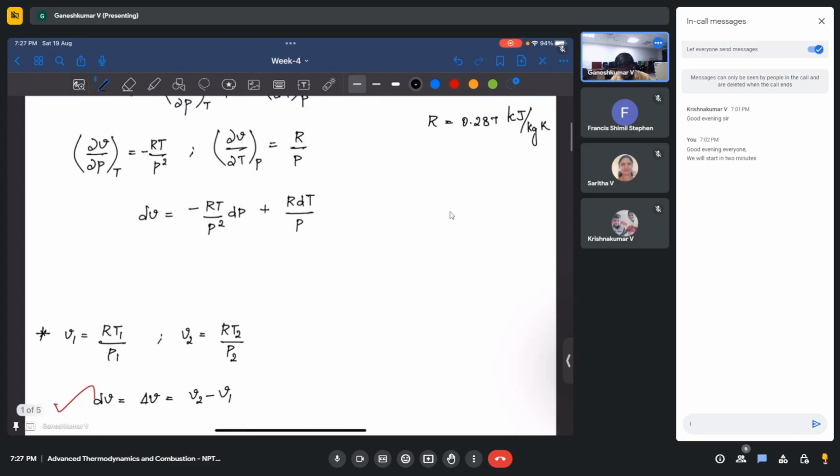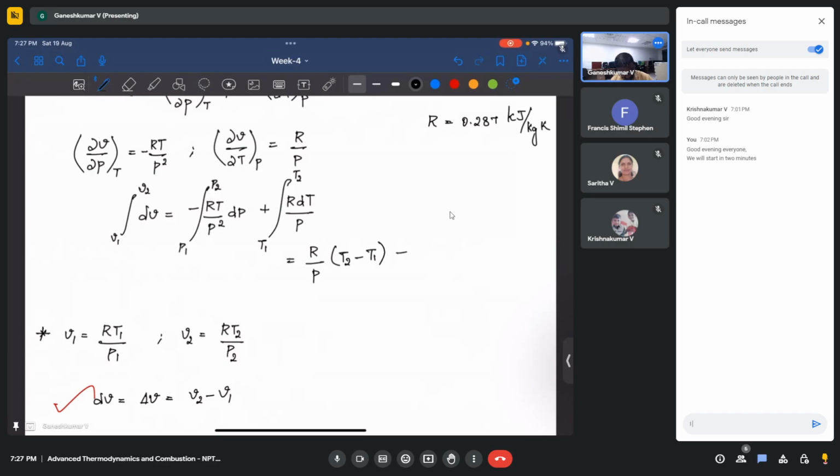What you need to do after this is integrate it from 1 to 2. So it's going to be V1 to V2, and integrate this from P1 to P2, and integrate this from T1 to T2. So what happens now? It's going to be R by P into T2 minus T1, and RT by P square dP.